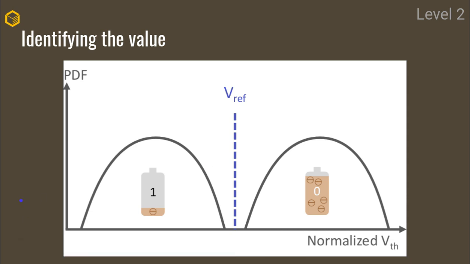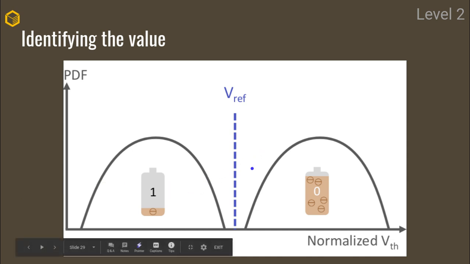And so in order to identify it, I would simply, in my sense amplifier, check: is it bigger than the reference voltage? Is it smaller than the reference voltage? And then write out 1 or write out 0.